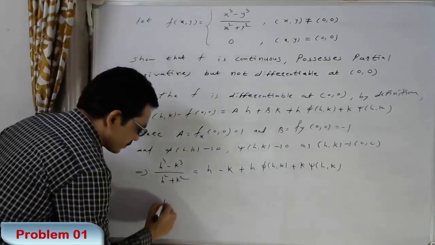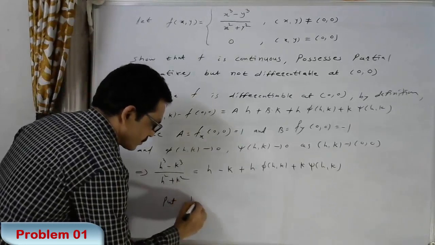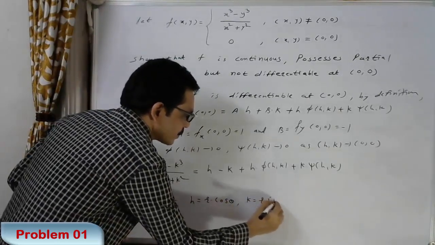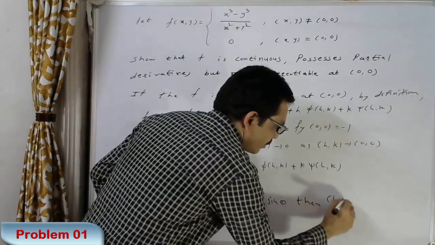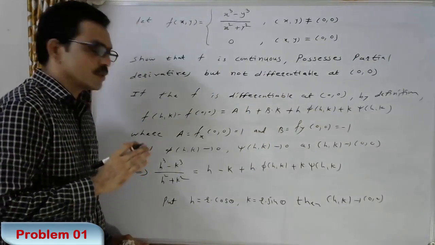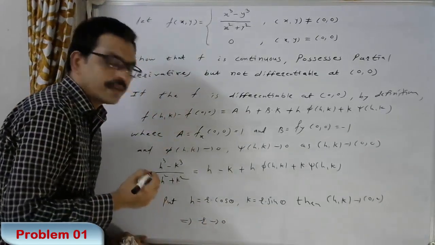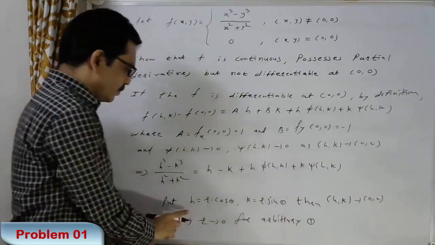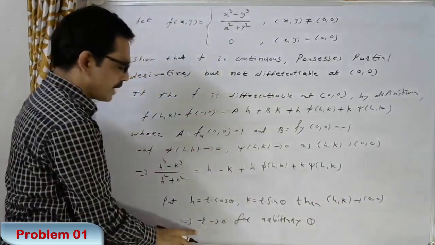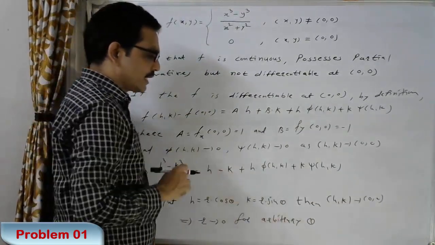Then the ordered pair (h,k) tends to (0,0) implies that r tends to 0 for arbitrary theta.